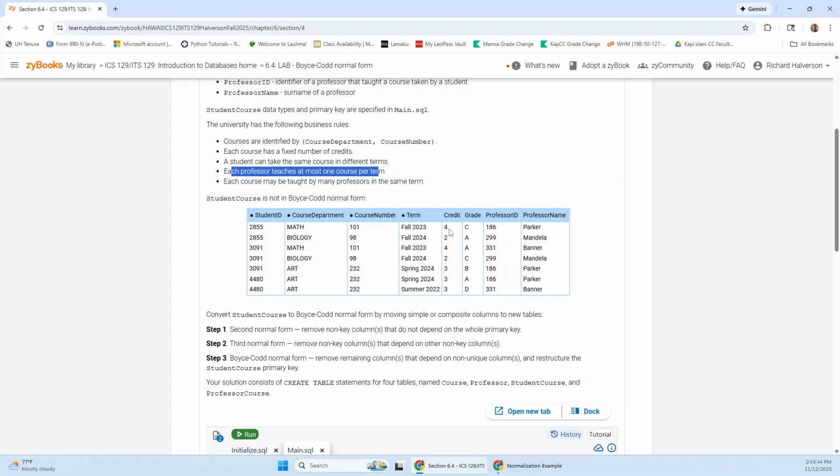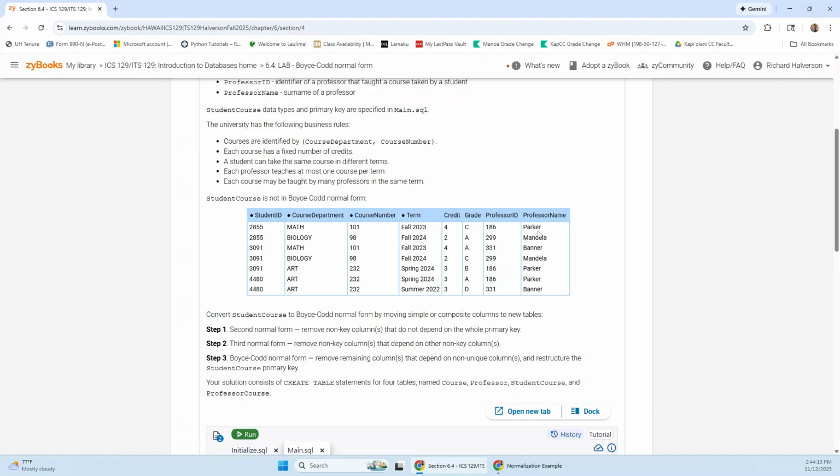So that means the course can be determined by the professor and the term. You have the professor and you have the term, and that professor can only teach one course. So then we will know what the course is. So professor ID plus term will determine the course.